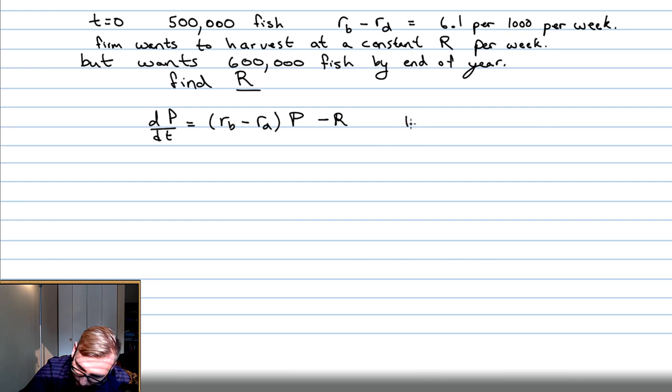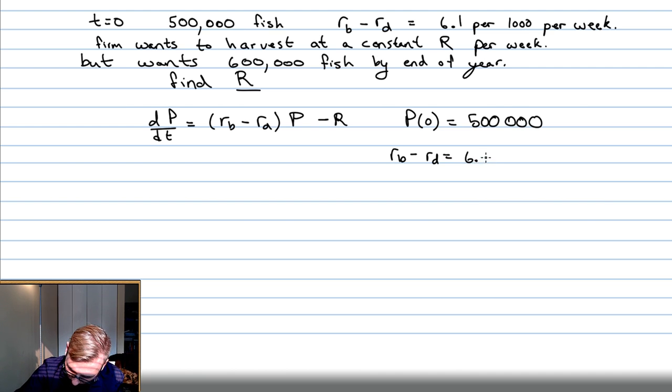We've got our population to begin with is 500,000. Our rate of birth minus our rate of death is 6.1 per 1,000. So 6.1 over 1,000. And that's per week, of course. Which gives us, you move the decimal point 3 places, 0.0061 inverse weeks.